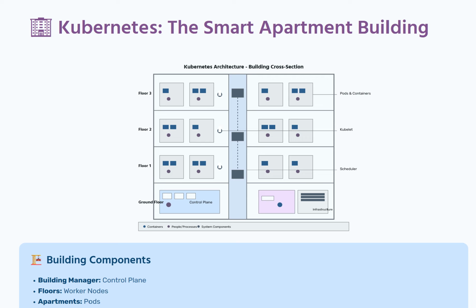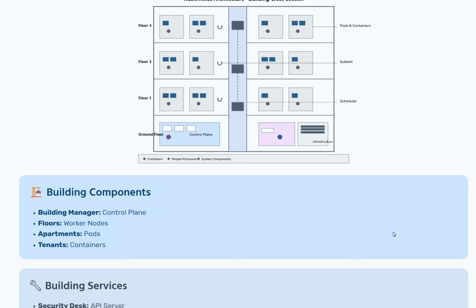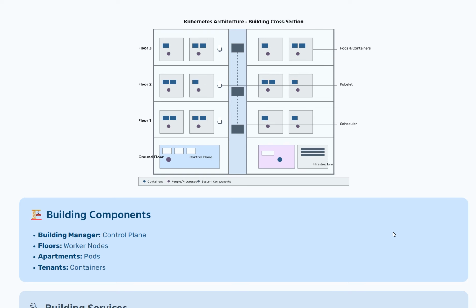And then at the bottom you can see the control panel and infrastructure. So let's have a look at how we compare each unit in this apartment building to the Kubernetes architecture, right?